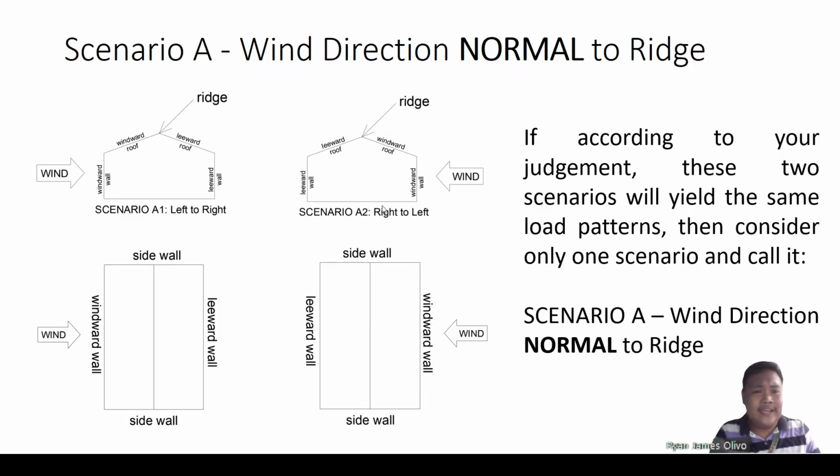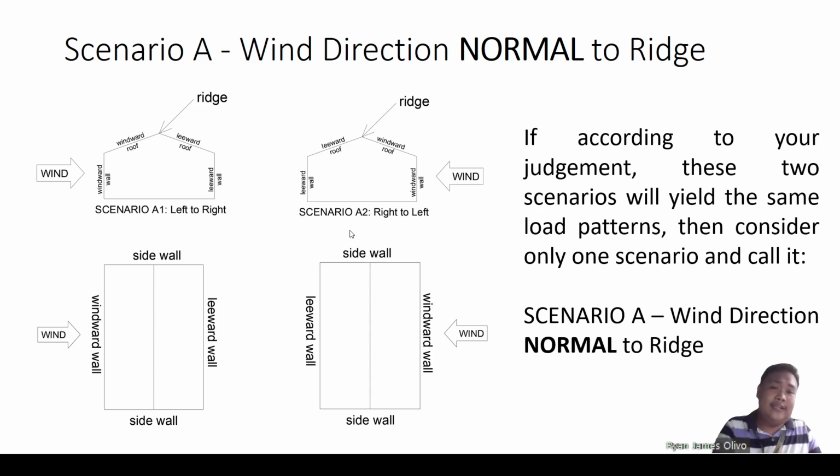Because in any case, left to right or right to left, if it is the same for you, then don't bother about doing these two scenarios, because you will have four load cases, and in each case you have at least two, positive and minus internal pressure. That becomes eight load cases for the wind normal to ridge only. So we have eight load cases. That is very much.